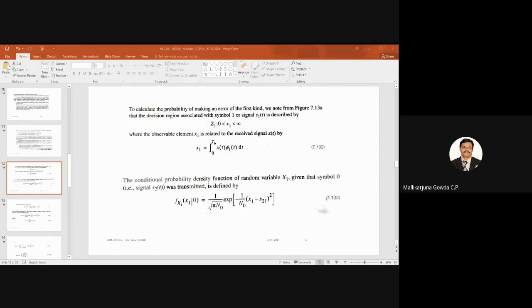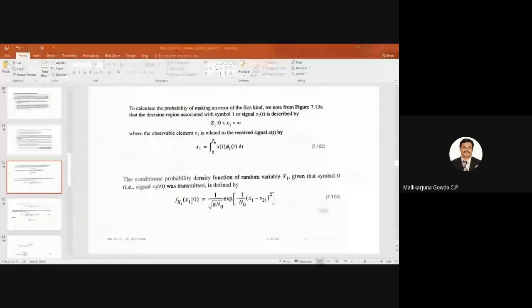How do I express the signal S1 of t in terms of orthonormal basis functions? I'm asking. Yes, quickly. Why no response? Have people already forgotten?